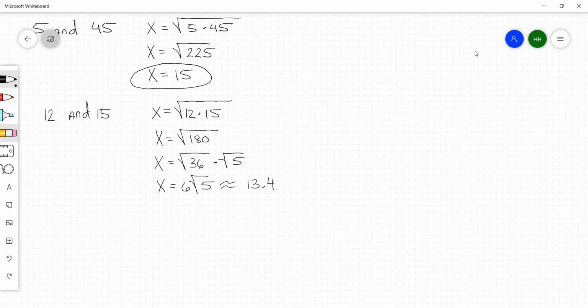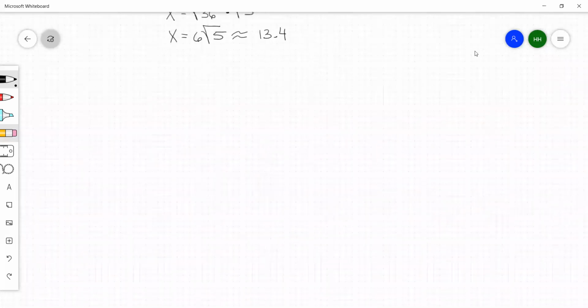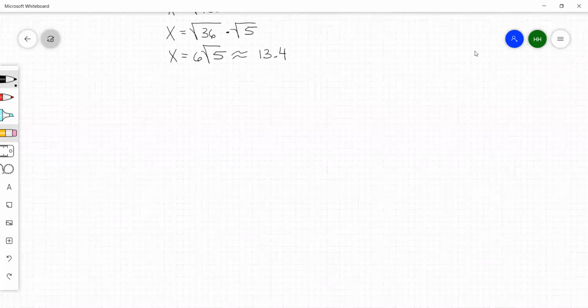All right, let's write this down. This is Theorem 8.1.